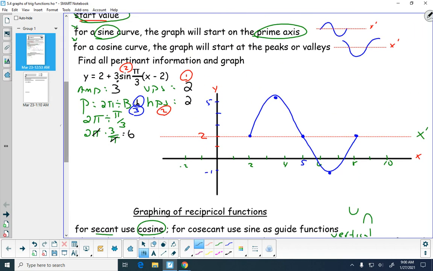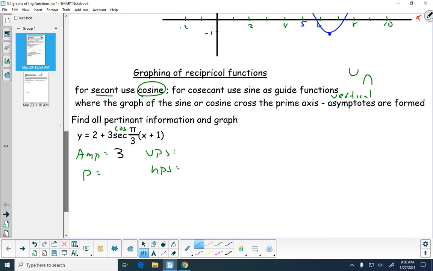When we had pi over 3 up here, 6. As you go through these, you'll learn that if you have a fraction pi over something, it's always going to be twice the denominator. It's going to be double the denominator. So if you have pi over 5, it will be 10. If you have pi over 4, it's going to be 8. If you have pi over 2, it's going to be 4. If you have pi over 7, it's going to be 14.